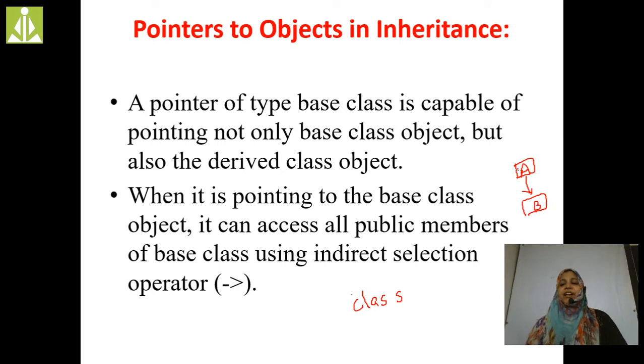Now I am going to create the pointer to this A. Pointer to A means how we create the pointer variable to class A: A star ptrA, and A objA, right? ptrA equals address of objA.